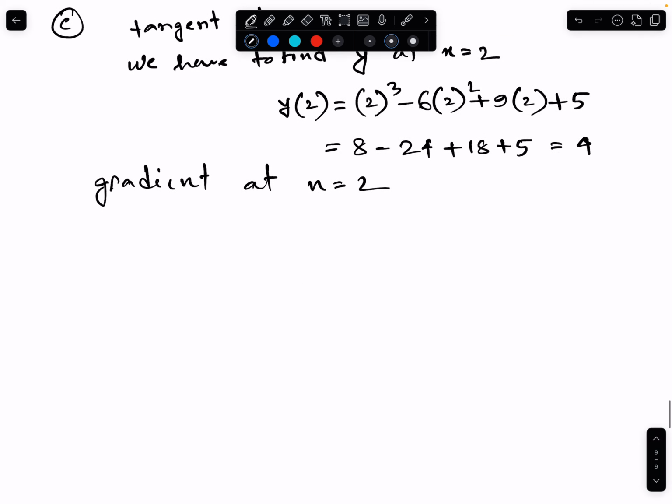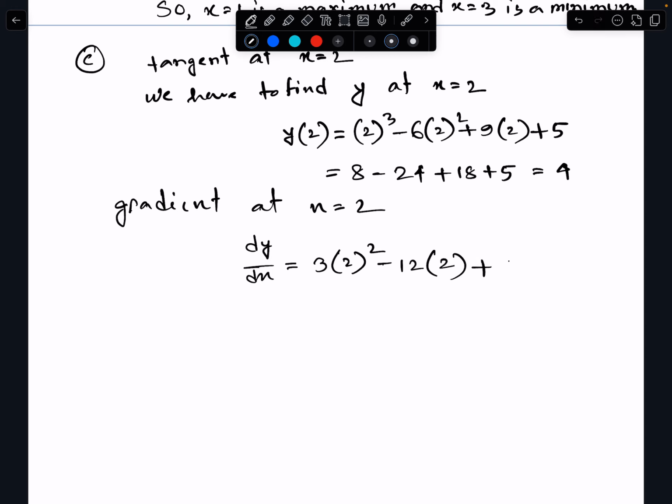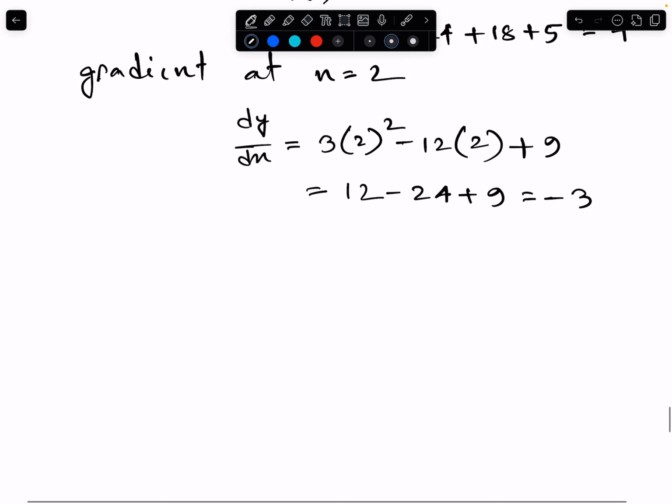So dy/dx equals 3 times 2 squared minus 12 times 2 plus 9, which is 12 minus 24 plus 9, which is minus 3. So our first derivative value is negative 3, which is the gradient at x equal to 2.